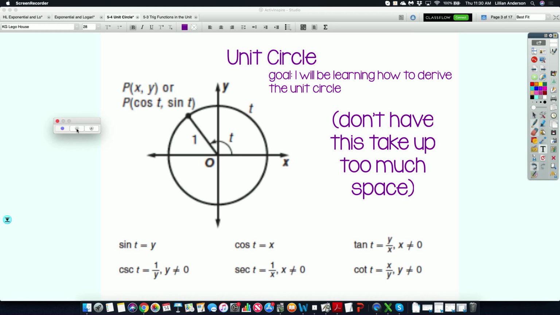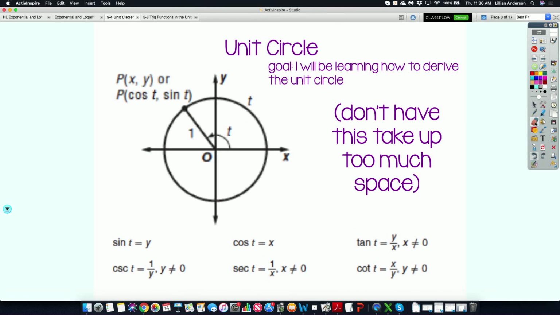The unit circle always has a radius of 1, which means that the diagonal line in this picture, if I were to draw a point and drop a perpendicular down from that point to create my triangle, that radius would serve as my r. And we talked the other day about how to find your 6 different trig functions as y over r or x over r and so on and so forth, right?